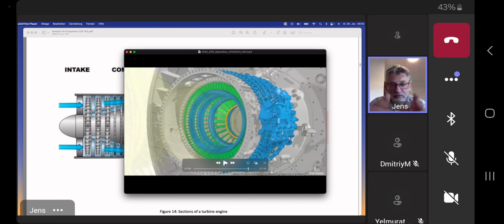But they now also need variable guide vanes in the low pressure compressor. I want you to bear in mind, when it comes to how we control the flow of air through the compressor, we have our variable guide vanes, variable inlet guide vane, whatever the constructors call it.